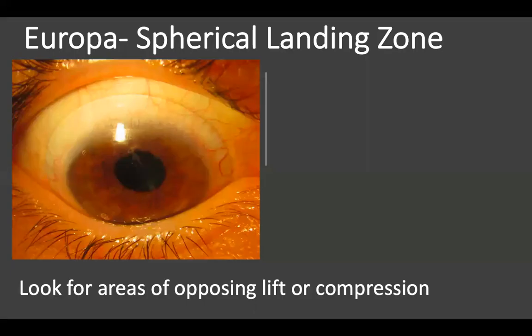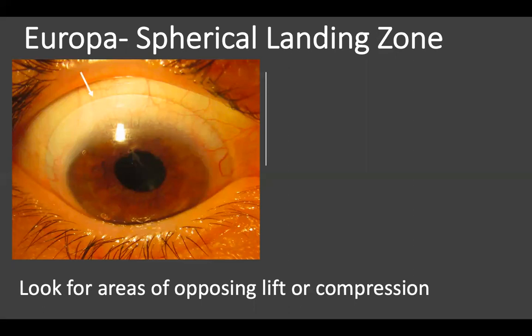Again, in order to determine if her sclera is toric, we add a diagnostic lens with a spherical landing zone, looking for areas of opposing lift or compression. De nuevo, aquí lo que se hizo es colocar el lente Europa esférico para buscar zonas opuestas de levantamiento o de compresión.